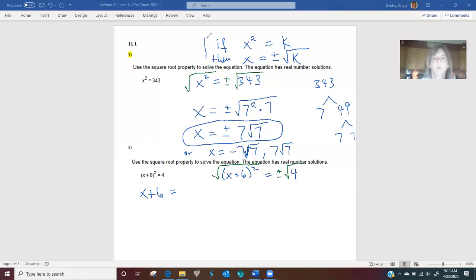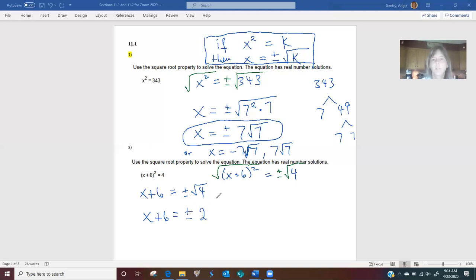You should just memorize this little rule, and then you don't worry about showing that green part. Okay, so x plus 6 equals plus or minus the square root of 4. So x plus 6 equals plus or minus 2.